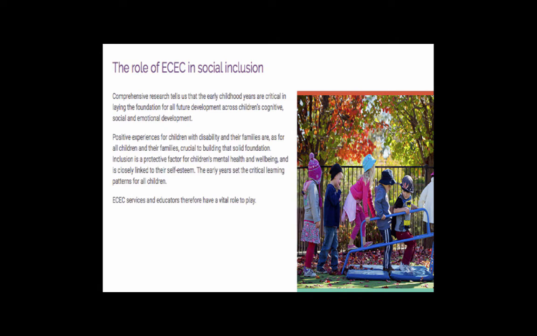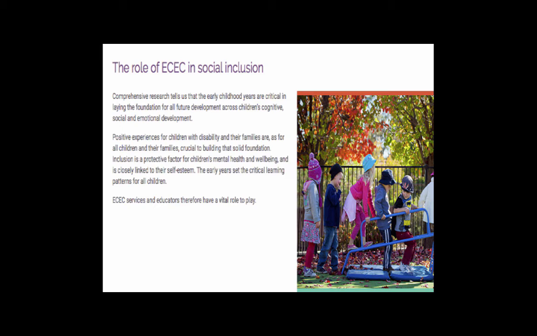So this notion of social inclusion, early childhood services have a major role to play. As we can see, comprehensive research tells us that early childhood years are critical in laying the foundations for future development in children's cognitive, social and emotional development. So positive experiences for children with disabilities and their families, as for all children and their families, are crucial to building that solid foundation. Inclusion is a protective factor for children's mental health and well-being, and it's closely linked to their self-esteem.